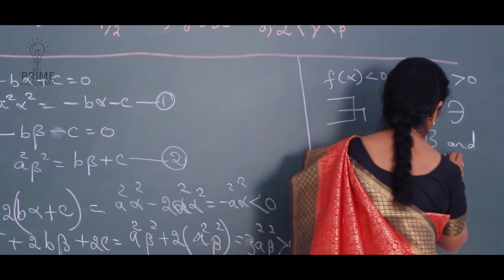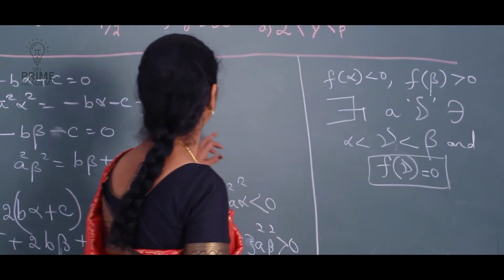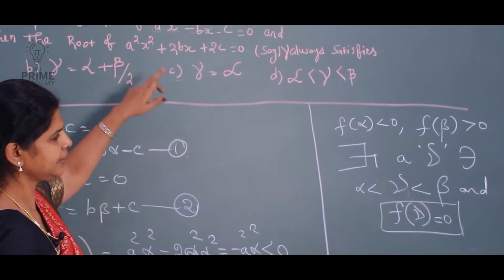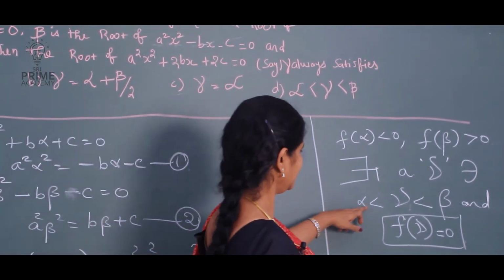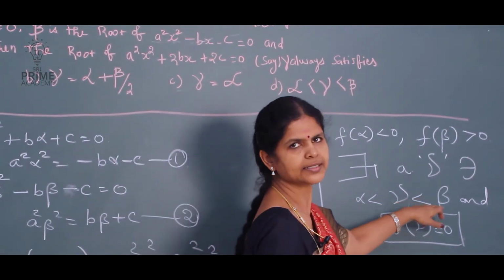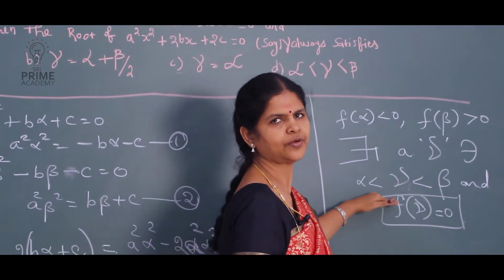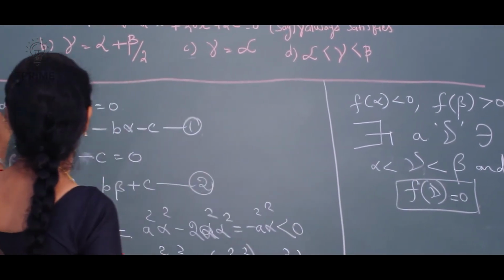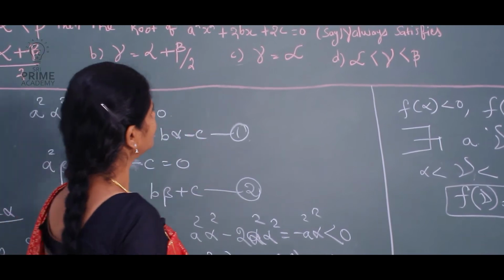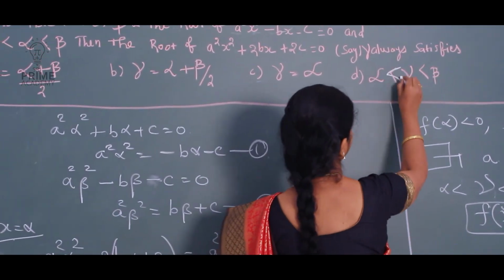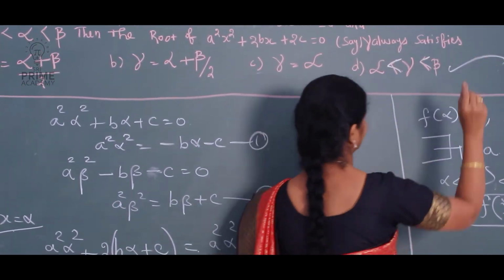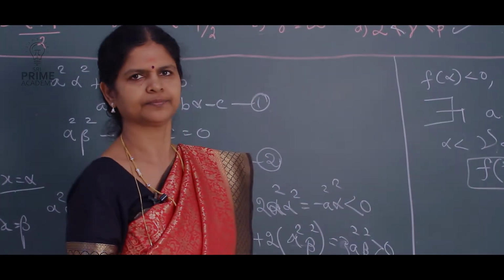So that is your third equation. Since gamma is the root of the third equation, you get the relation alpha less than gamma less than beta. So this is your final answer, which comes under the option D. So D is the correct answer. So D is your final answer.